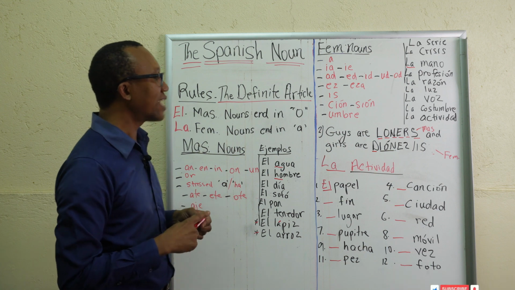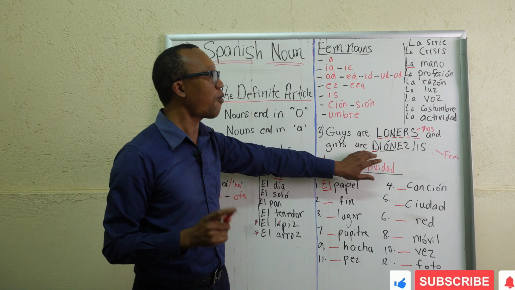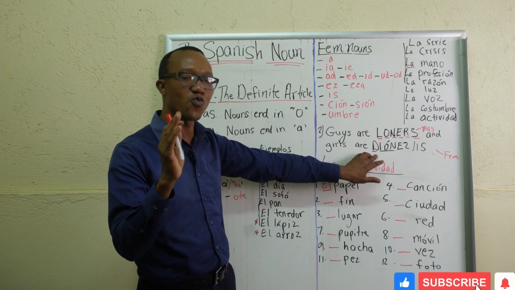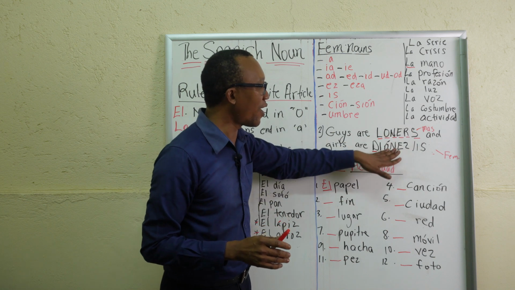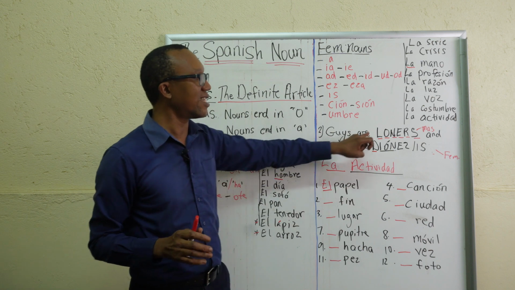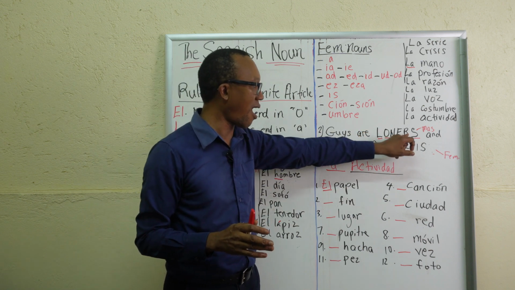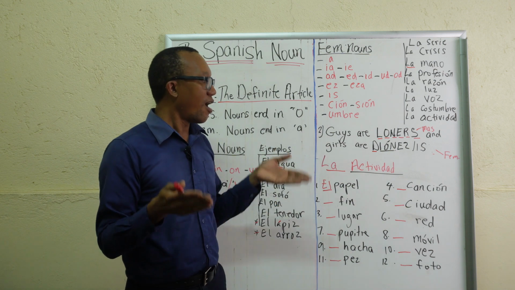Again, as I talk about that, how could I forget the next important guideline or rule that can help you? Guys are loners and girls are Dionys. So if the word ends in L, O, N, E, R, or S, it's masculine. You're going to use el with it.